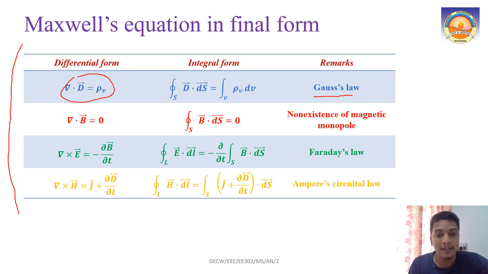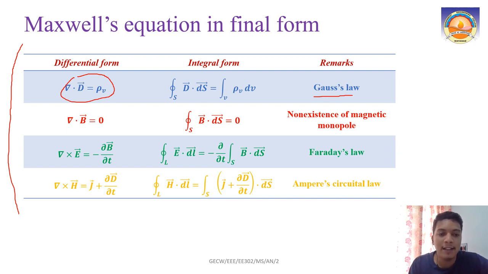Maxwell's equation, as we know, we usually represent it in two ways. One is the differential form, another one is the integral form. What is the difference between differential form and integral form? Differential form we also call point form, because when you see the differential form equations, del dot D equal to rho V, del dot B equal to 0, or del cross E equal to minus dB by dt, all those equations are defined at a particular point, right?